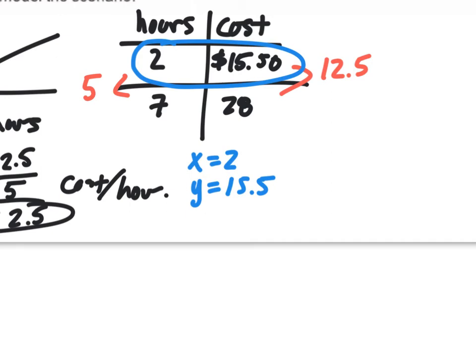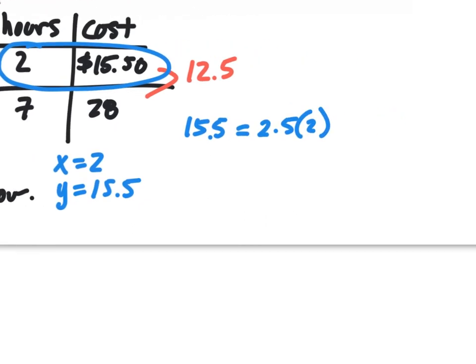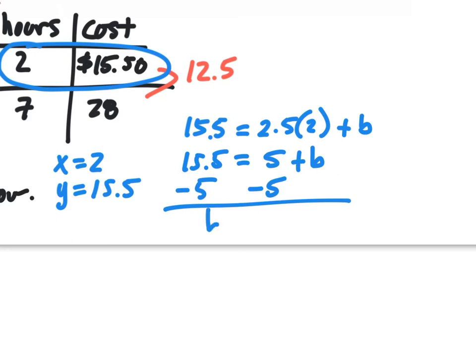So I've got 15.5 is equal to 2.5 times 2 plus b. 2.5 times 2 gives me 5 plus b, and then I'm going to subtract 5 from both sides. So I end up getting that b is a value of 10.5.